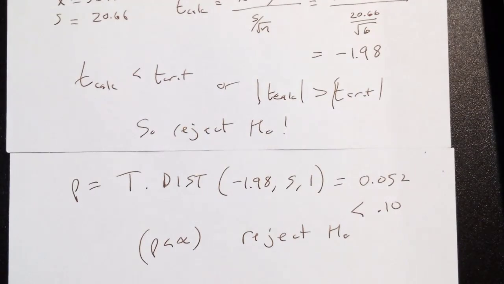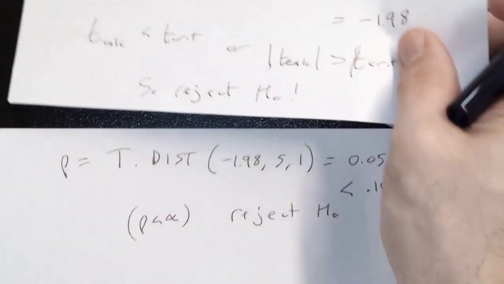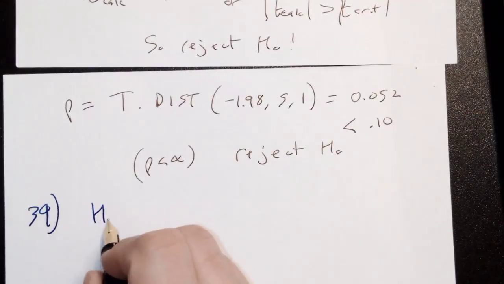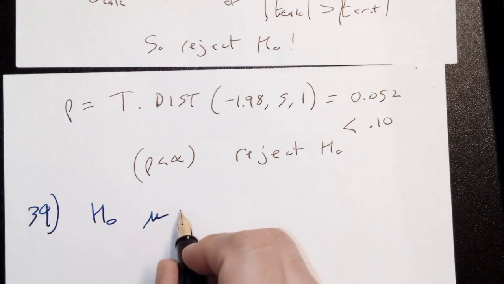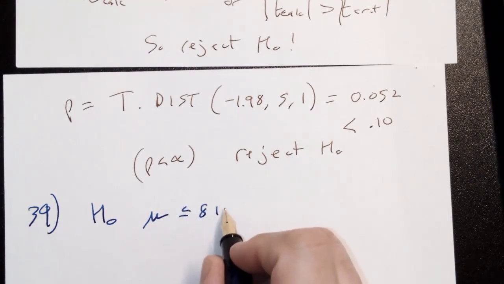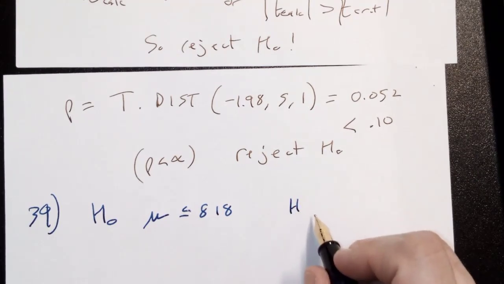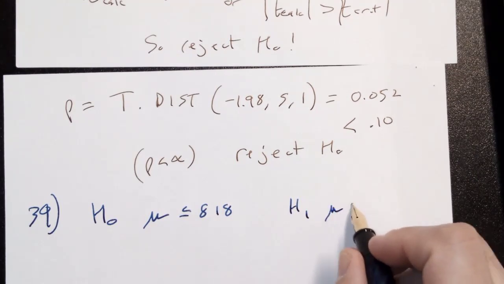If the null hypothesis is that things did not go up, it might have gone down, things stayed the same, versus it went up.